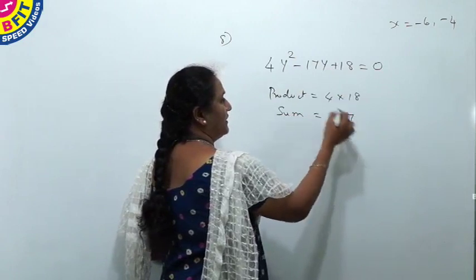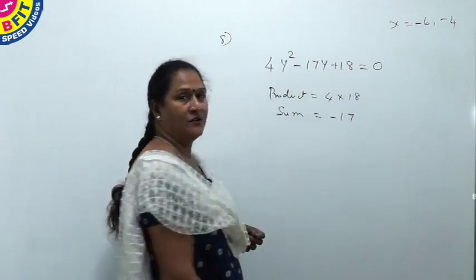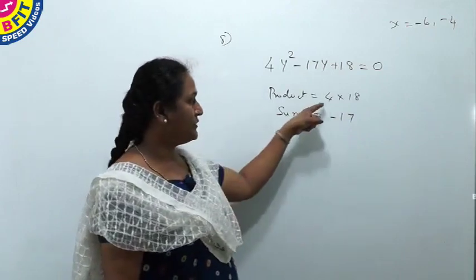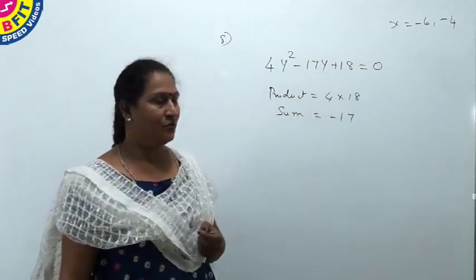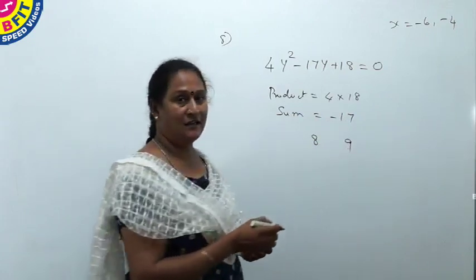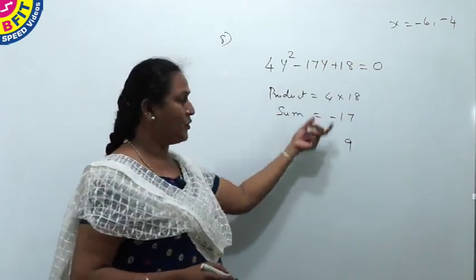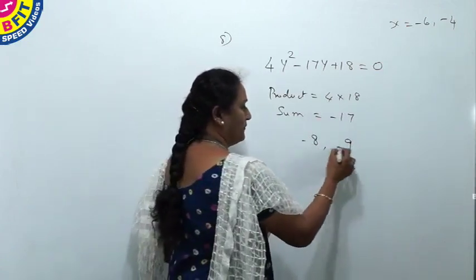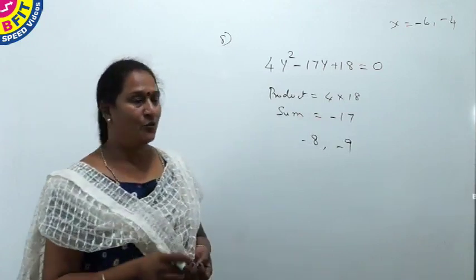Sum should be 17, so we have minus 17. So which 2 numbers when added you get 17 and product is 4 into 18, that is 72? It's obviously 8 and 9. When added it is 17 and product is 72. As you have minus 17, give minus for both the numbers.